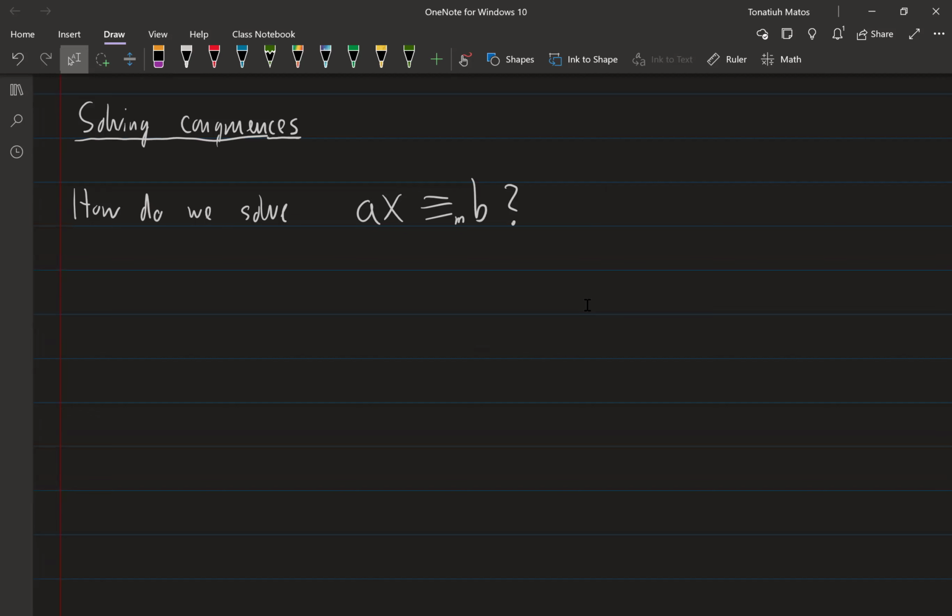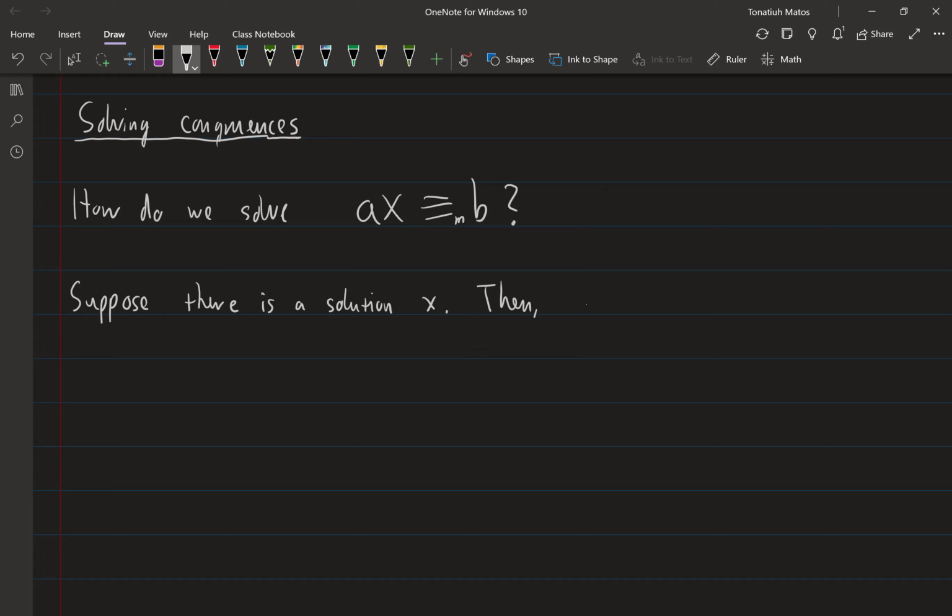So how do we solve this? Let's just say, how would we discover this if we didn't already know? Suppose there is a solution X. This is one thing you can always do: if you don't know how to solve something, pretend that it has a solution and try figuring out what properties that solution has.